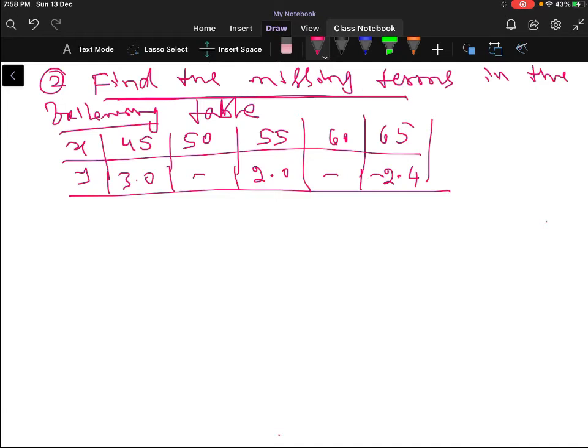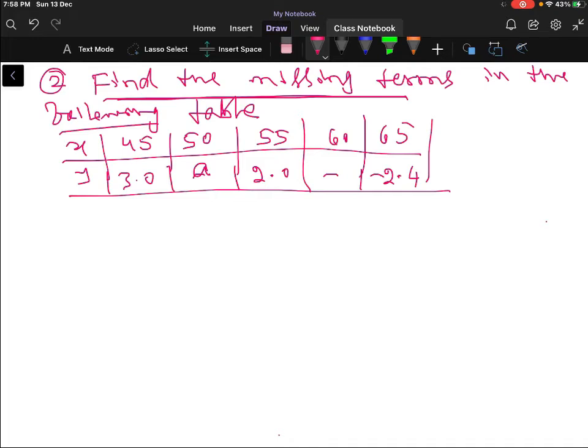Find the missing terms in the following table. The x and y values are given in the table. X is 45, corresponding y is 3.0. At x equal to 50, y is unknown, so let us call it a. X equal to 55, the corresponding y is 2.0.